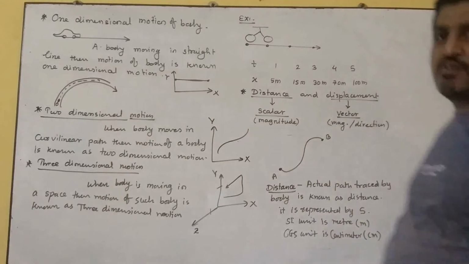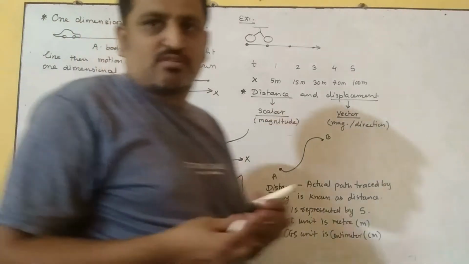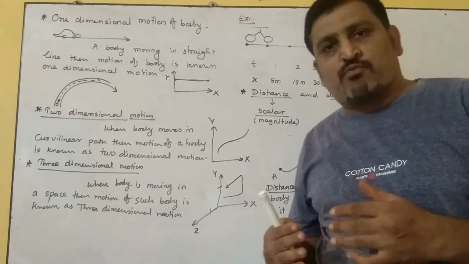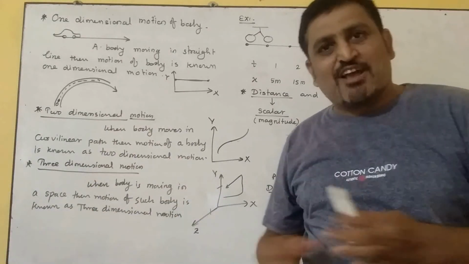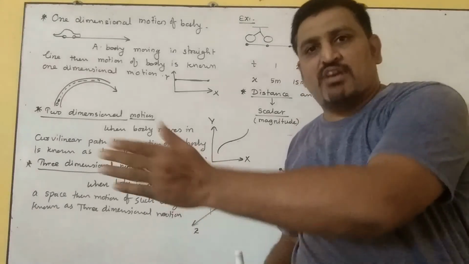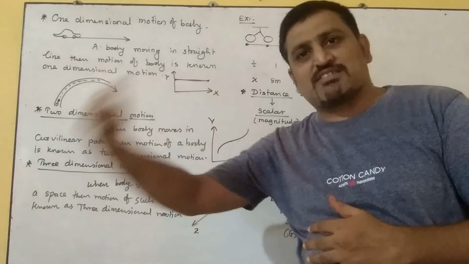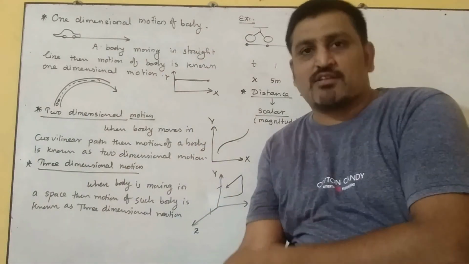When you are going to the school, you start from your house, and it is not the case for everyone that they trace a straight line path only. They have to go in a zigzag way also. One lane you are passing, crossing the second, then the third, or you are moving in a curvilinear path also.